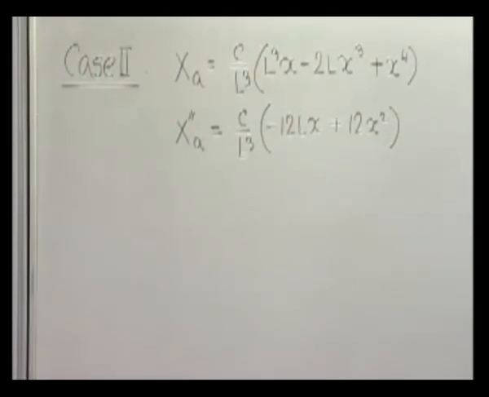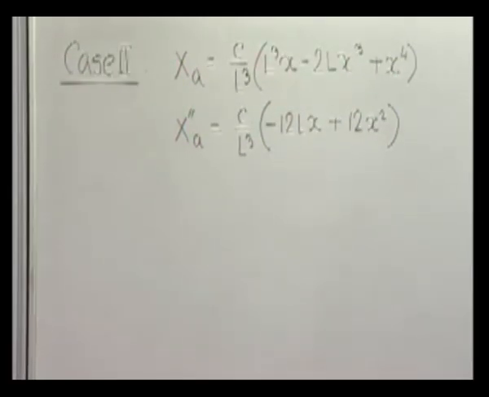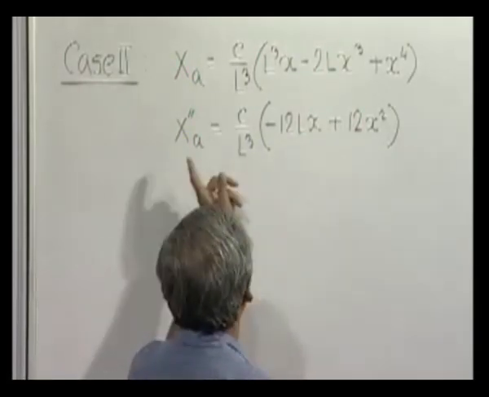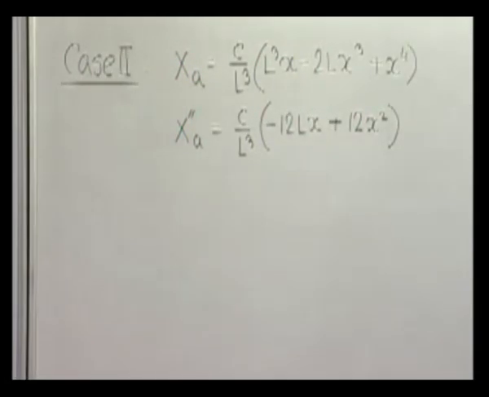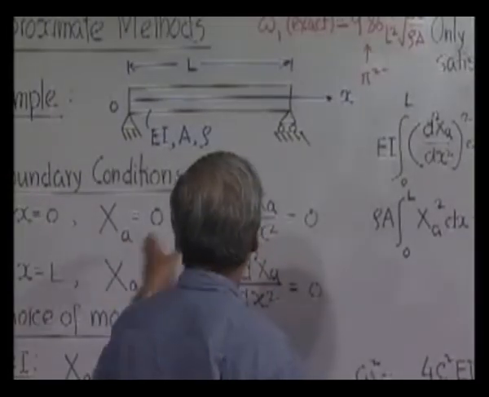So now you see that if we put x equal to 0, Xa is 0, and d2xa dx square is also 0. So it satisfies both the conditions at x equal to 0.